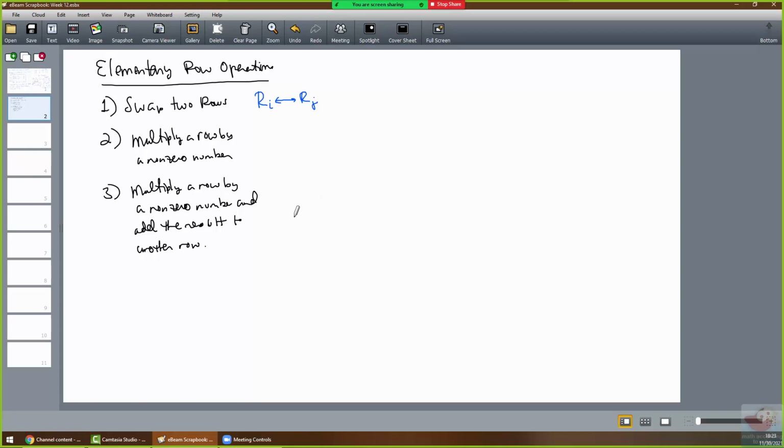Multiply a row by a non-zero number: if you had 1/2 x equals 6 and you wanted to solve for x, you would multiply both sides by 2. As long as 2 is not 0, it's legal. That's what number 2 is saying. So that looks like k times R sub i becomes the new R sub i.